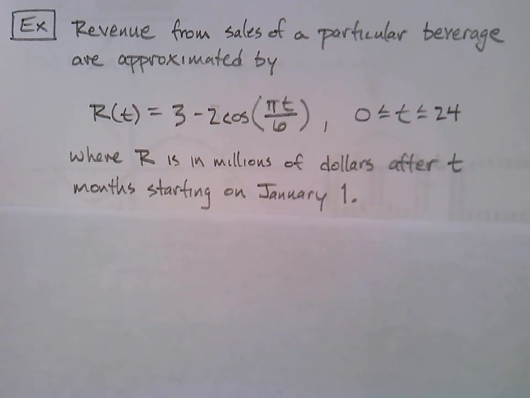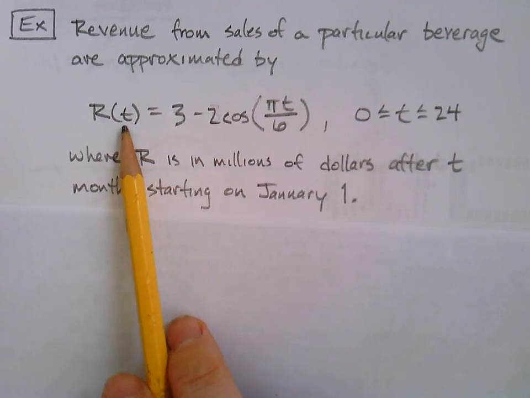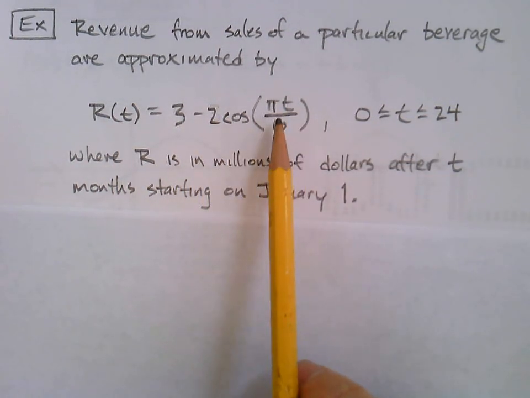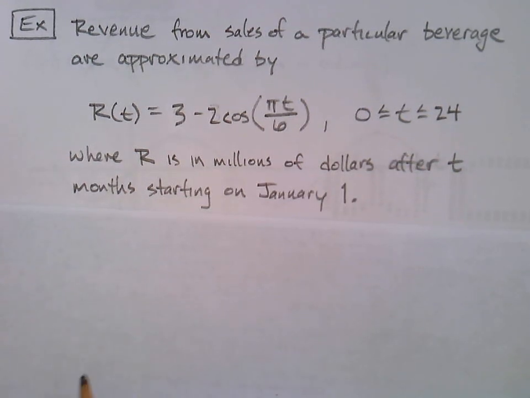Okay, let's see. It says revenue from sales of a particular beverage are approximated by this function. R of t equals 3 minus 2 cosine pi t over 6, where t is between 0 and 24.